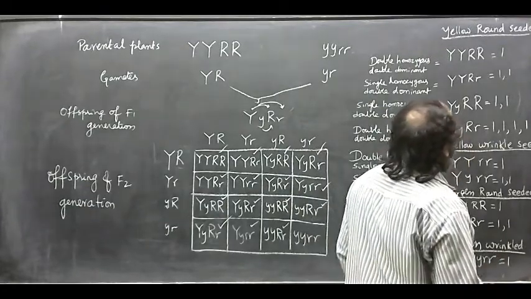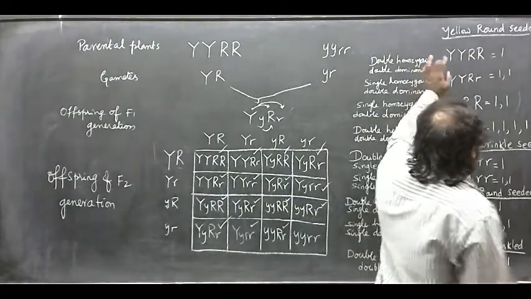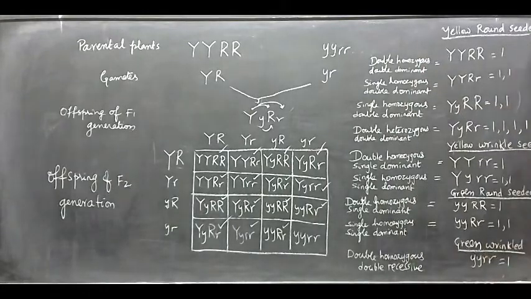That means the yellow round seeded condition is seen in how many cases? 1, 2, 3, 4, 5, 6, 7, 8, 9. That means yellow round seeded plants in F2 generation are 9 out of 16. Totally we have 16 plants.